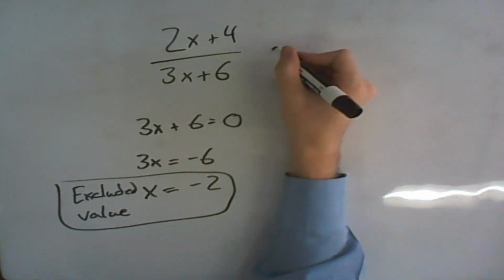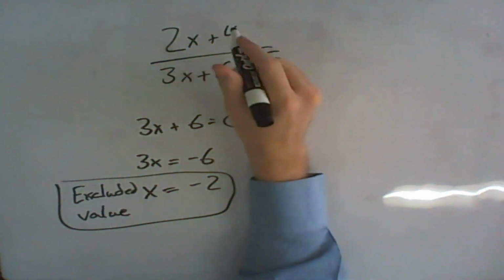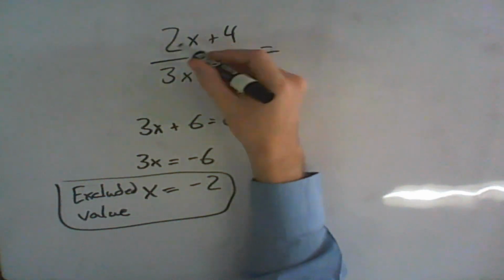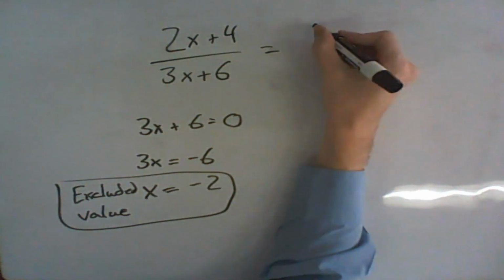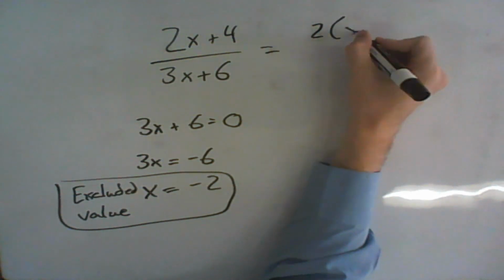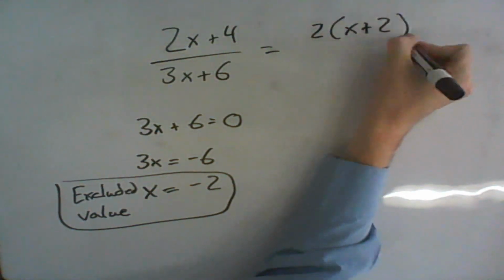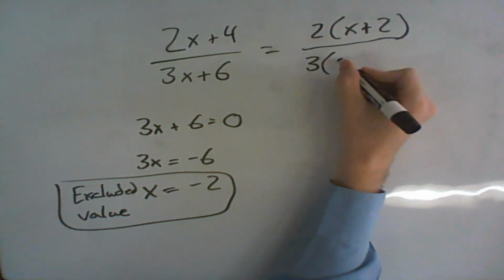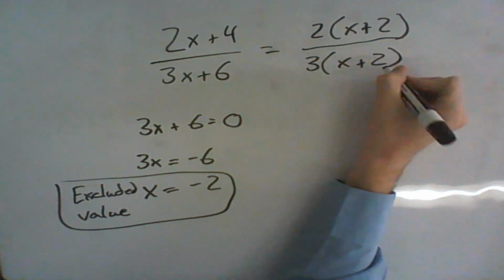Second step is to simplify. By simplifying, I mean we check what multiplies together. Notice how both of these have a common factor. On top we factor off a 2, so we get x plus 2. On the bottom, we factor off a 3, so we get x plus 2.